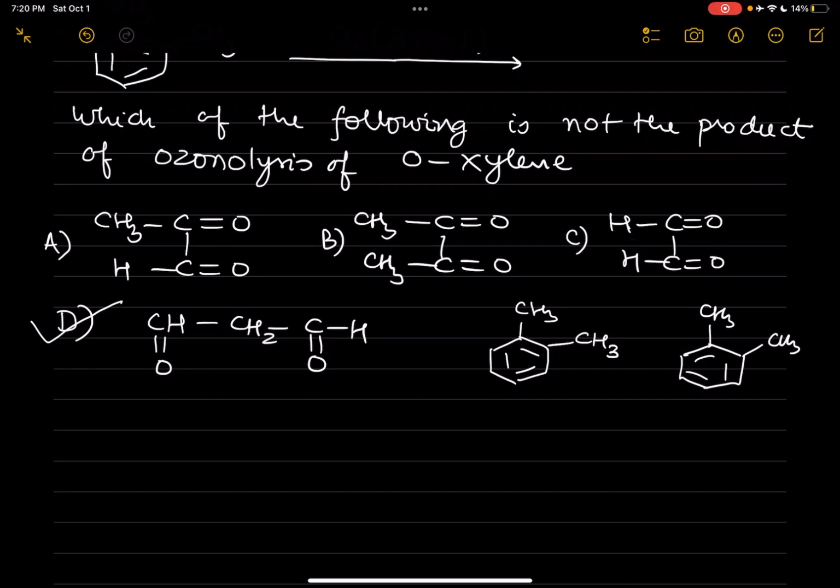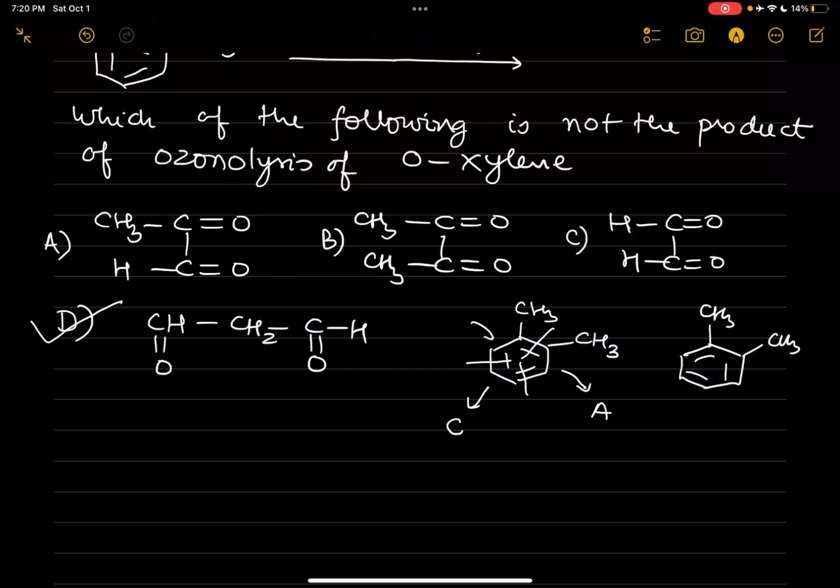Because of the resonance, the double bonds are going to change their position, and you need to consider both of them. So this, if you break it, you are going to get this C. This is going to form A.